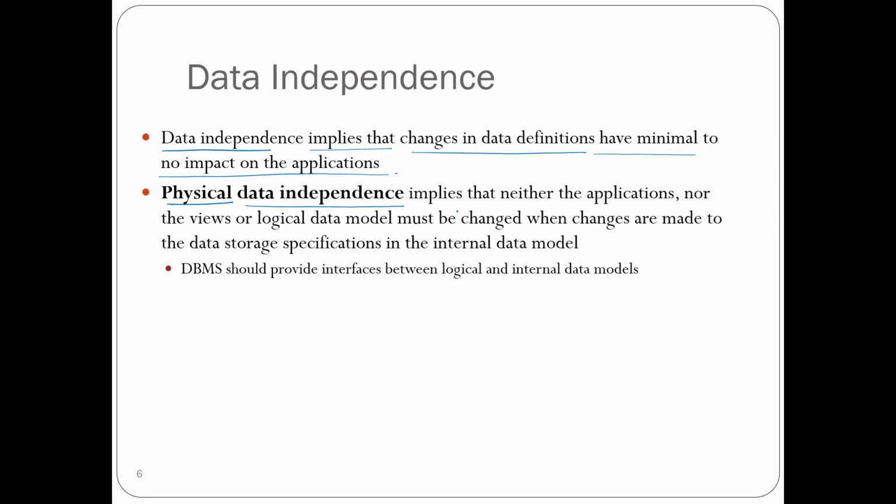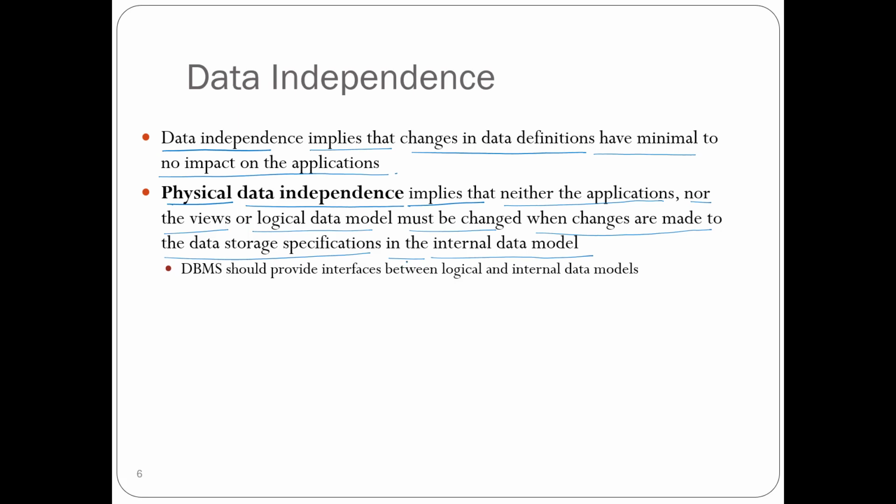So what is physical data independence? Physical data independence implies that neither the application nor the view or the logical data model must be changed when the changes are made to the data storage specification or the internal data model. Now, we have different data models already discussed a little bit.